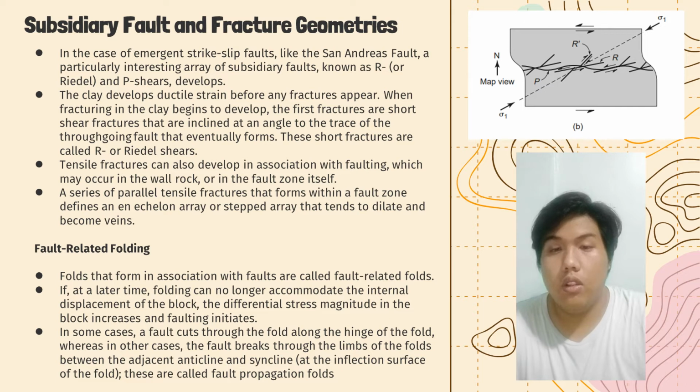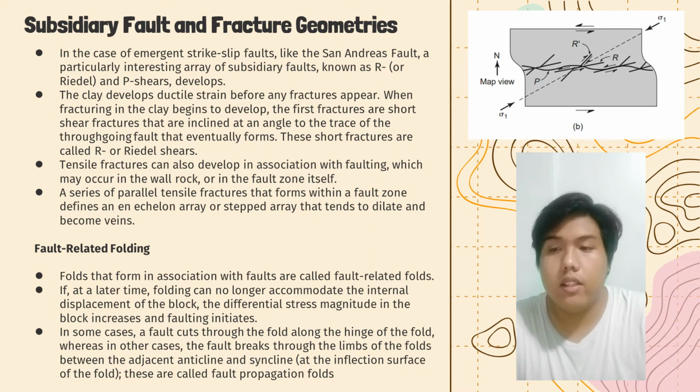Next is fold-related faulting. Faults that form in association with folds are called fold-related faults. If at a later time folding can no longer accommodate the internal displacement of the block, differential stress magnitude in the block increases and faulting initiates.